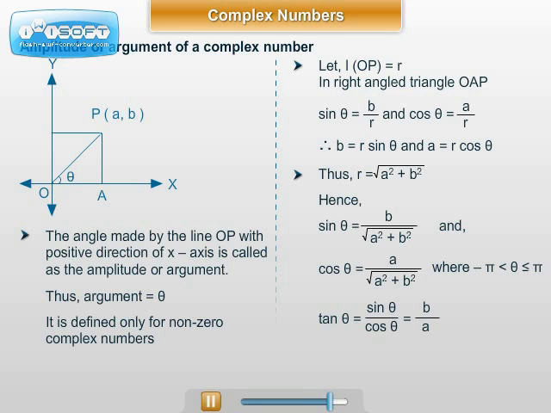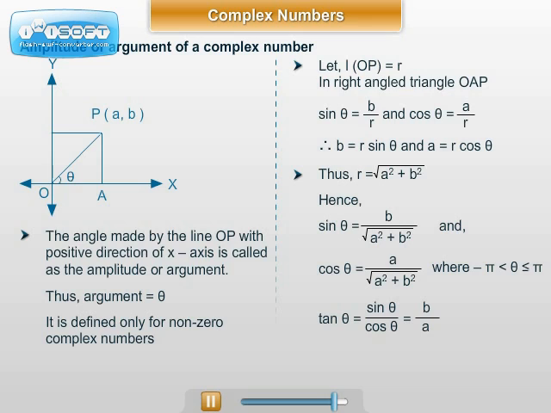Clearly, sin θ/cos θ = (b/r)/(a/r), that is b/a. Therefore, tan θ = b/a. This formula is useful when θ is not a standard angle.